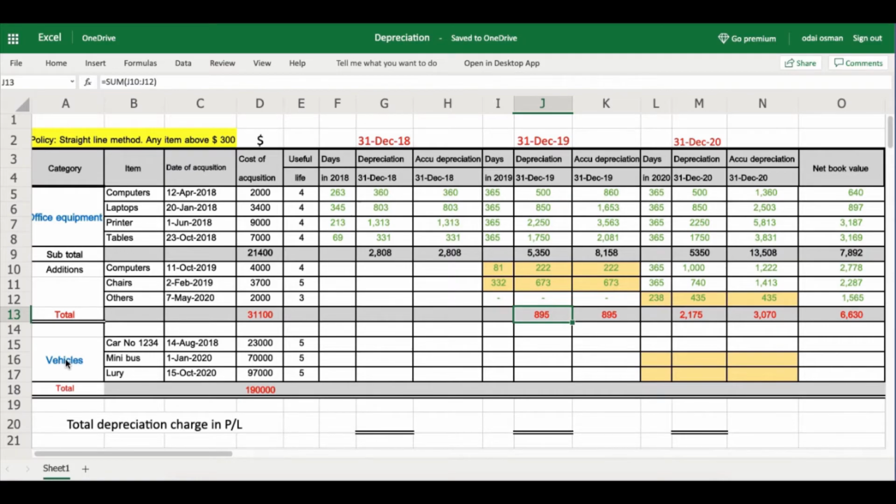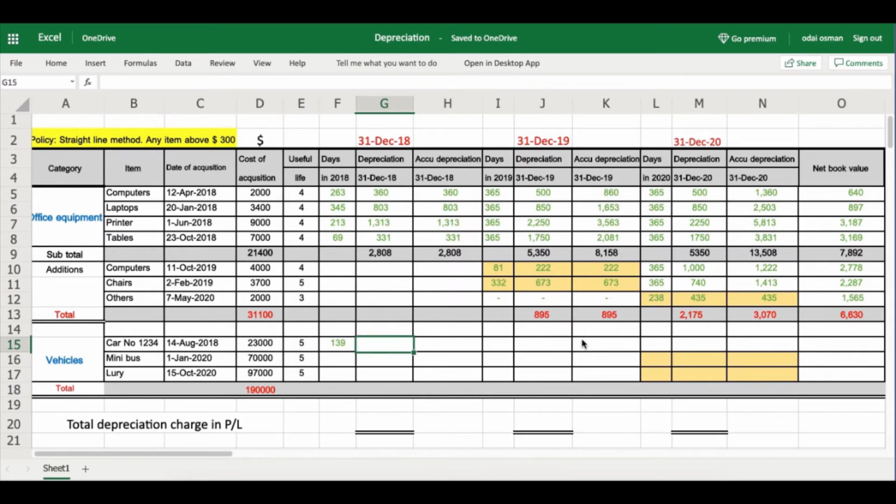On the vehicles, we have in 2018 the company bought the vehicles. We need to calculate the days in 2018 equal $, G $, again, 2 minus this date, acquisition date.